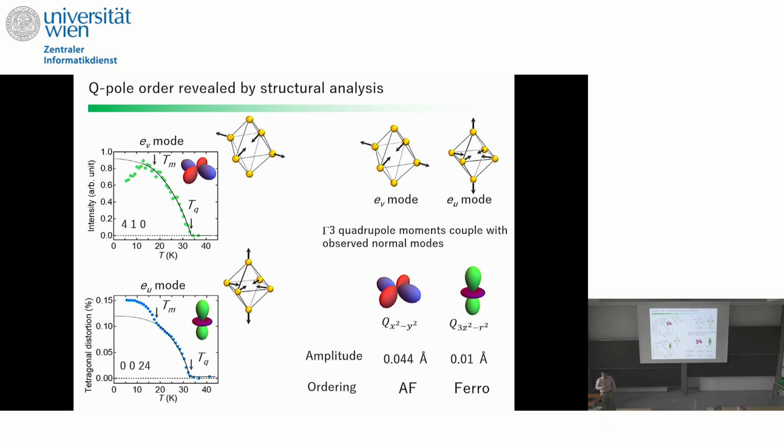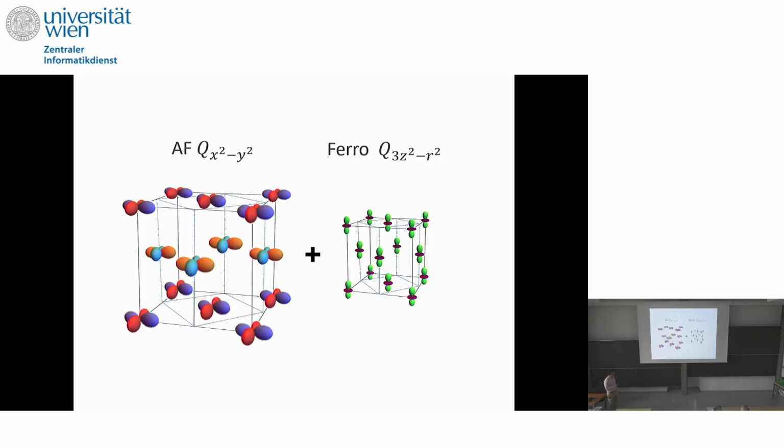This quadrupole moment is the dominant component, and x squared minus y squared quadrupole order stacks alternately. That means antiferroic ordering of this quadrupole moment and ferroic ordering of this moment with 1/4 of the intensity. So this is the conclusion of the synchrotron X-ray diffraction experiment. Then we observe quadrupole order in this compound.